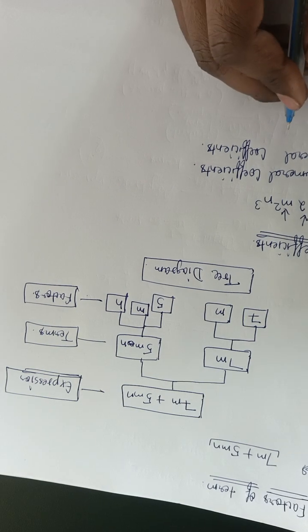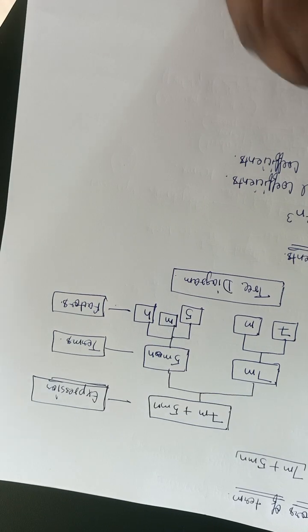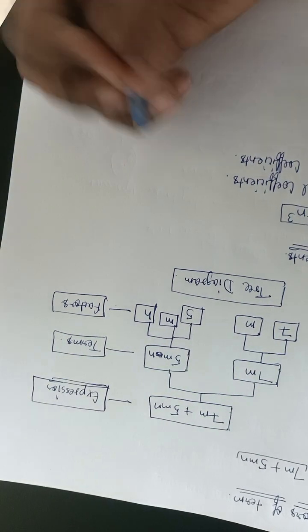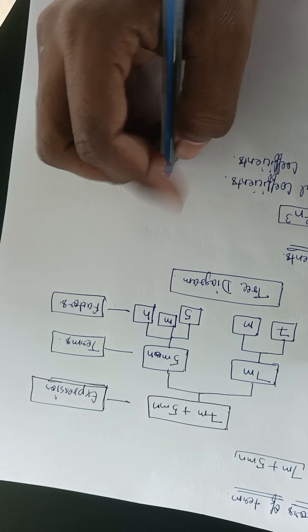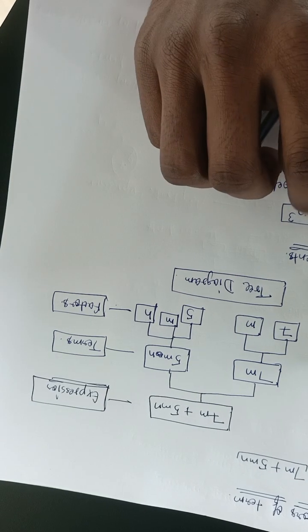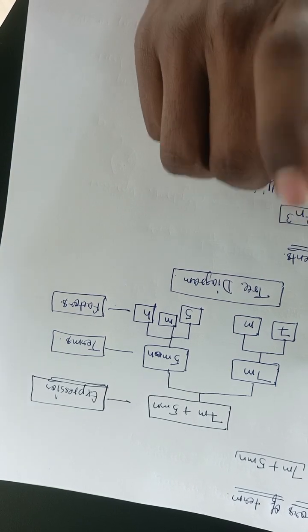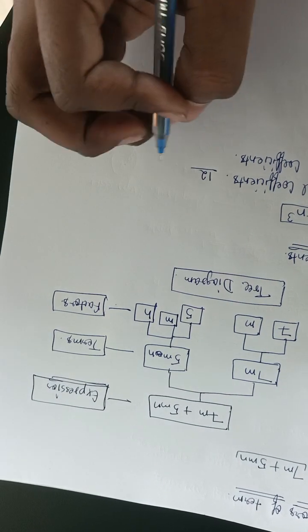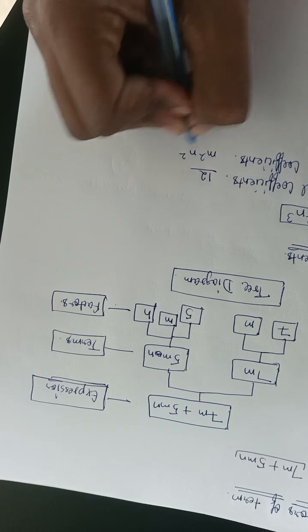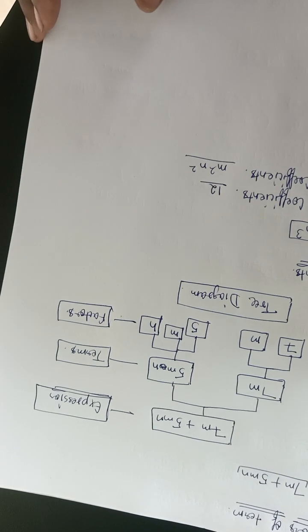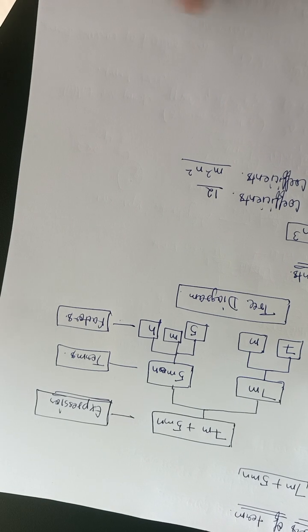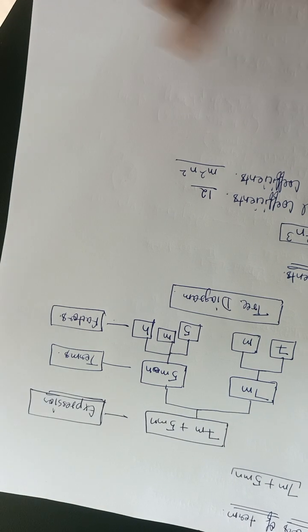The numeral coefficient is the one that contains only the value without the variables, so the numeral coefficient is 12. The literal coefficient is m square and n cube. This is your literal coefficient. Is that clear? This was your coefficients.